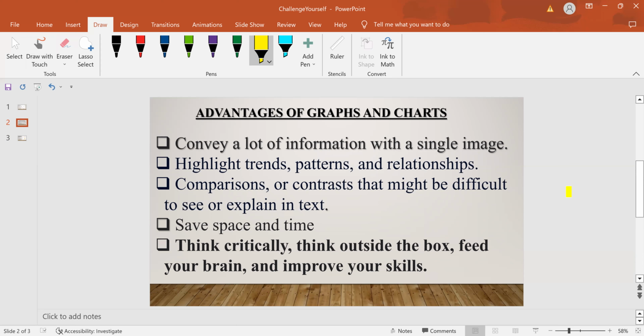But overall, understand that: think critically, think outside the box, feed your brain and improve your skills. These are the best advantages from questions involving graphs or charts. Okay, therefore, let's see this.